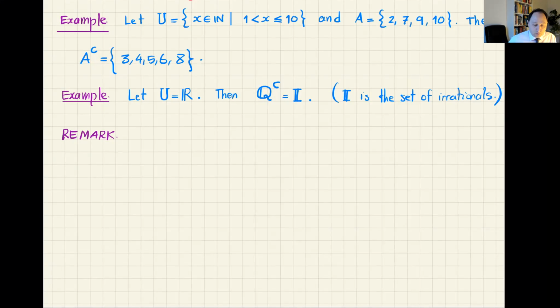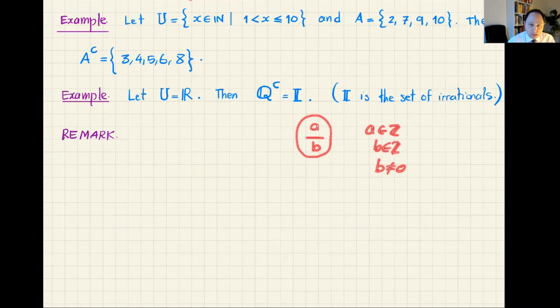Yes. When you say the set of rational numbers, it means the set of all fractions whose numerator and denominator come from the set of integers. They are integers and the denominator is not 0. Any number that can be written in this form is called a rational number.